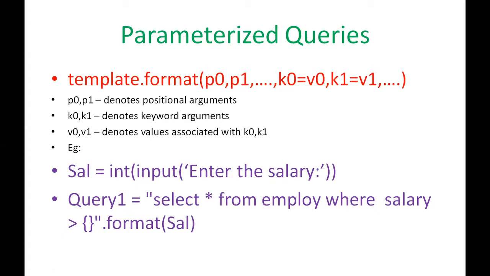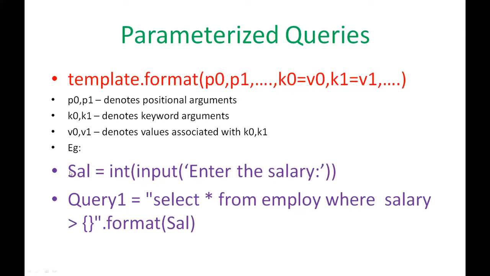Whereas K0, K1 denote keyword arguments or columns that are going to have the values, and V0 and V1 denote the values. Again, I repeat: which column, what value, where you are going to place it.